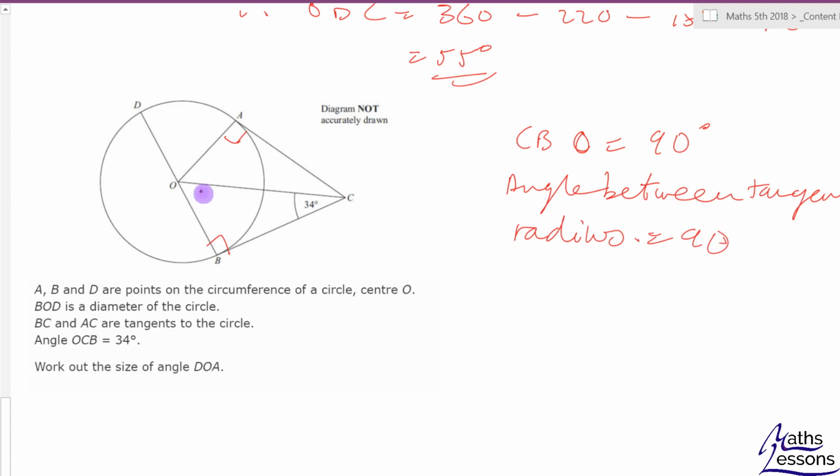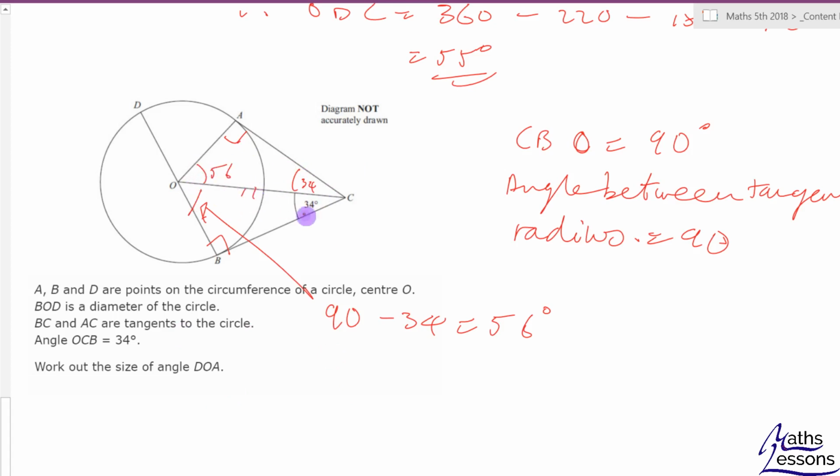So if that's 90, this therefore must equal 90 minus 34, or you might have 180 minus 90 minus 34, it doesn't really matter how you do it. It's equal to 56 degrees. And similarly, this is 34, this is 90, and this is also 56.